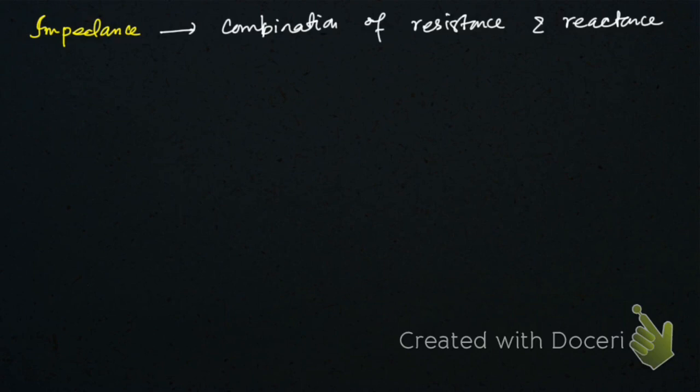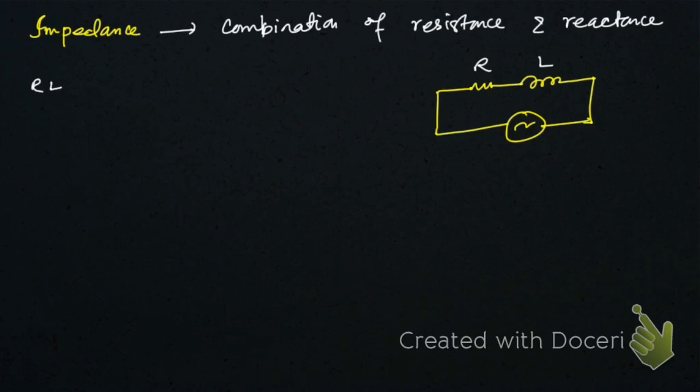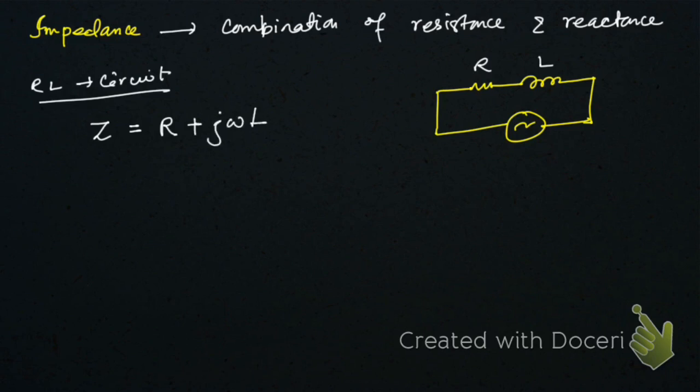Suppose we have an RL circuit, with resistance and inductance in series. Then the impedance in the circuit will be given by Z in complex form, R plus j omega into L.